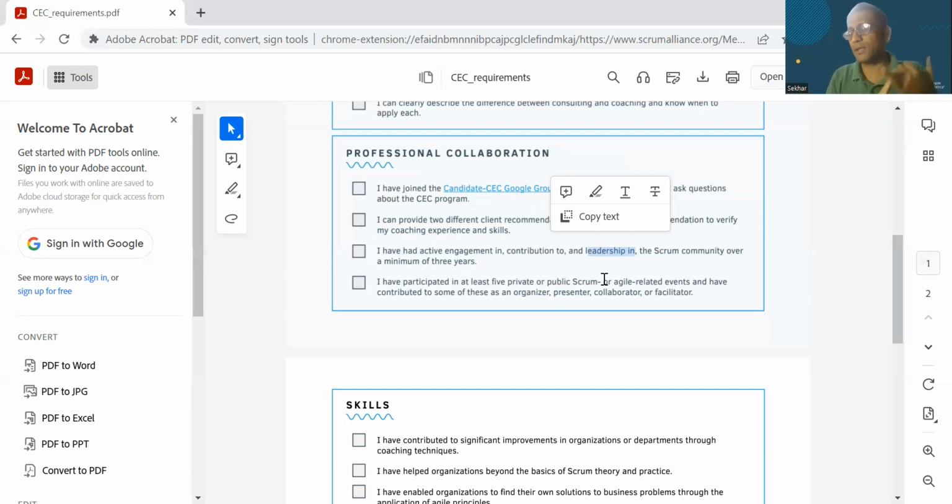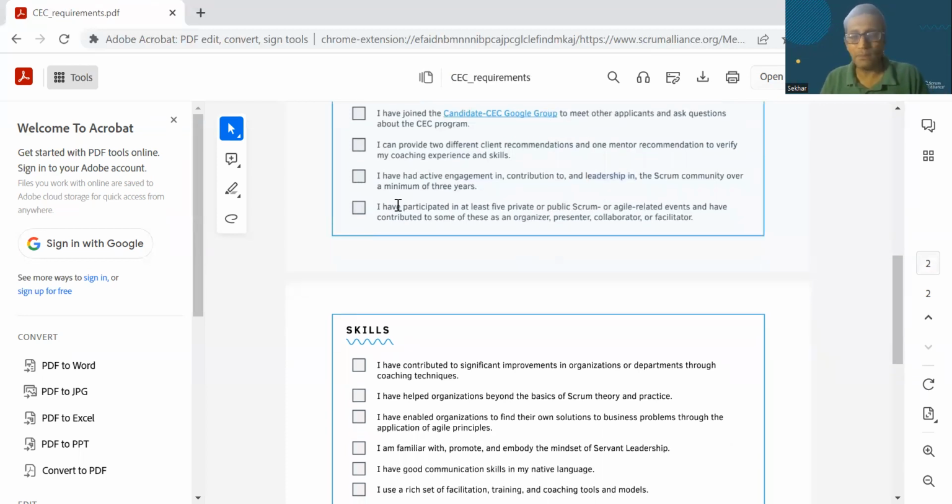And the diversity: authoring a book, reviewing a book, writing a lot of blogs, or being a reviewer of submissions for any global or regional gathering. So the scale and diversity matter as a certified enterprise coach. That's what we're predominantly looking at.